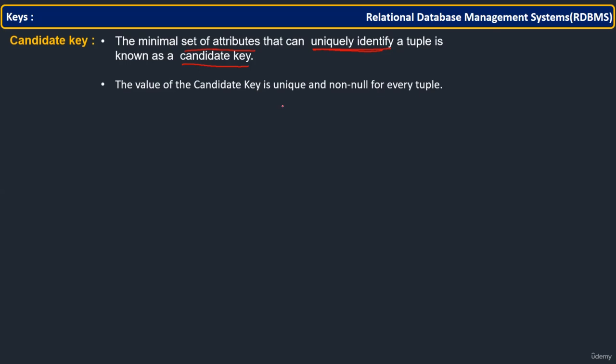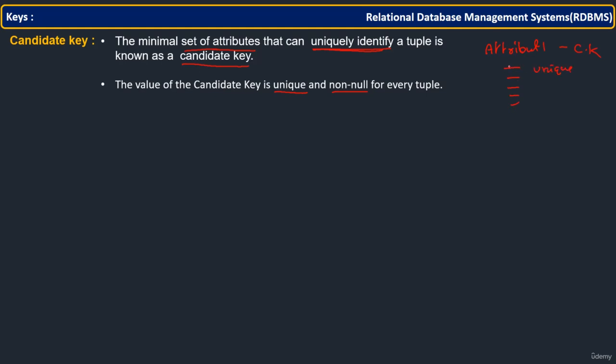The value of the candidate key, very important, is unique and not null. So under the attribute, whichever you selected, attribute one, if I selected it as a candidate key, whatever values you have under this, everything must be unique.